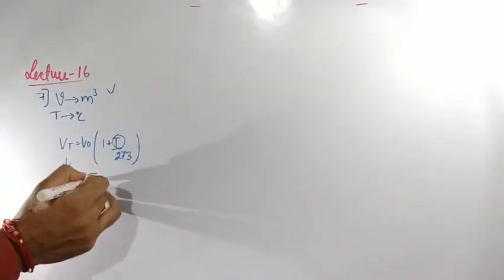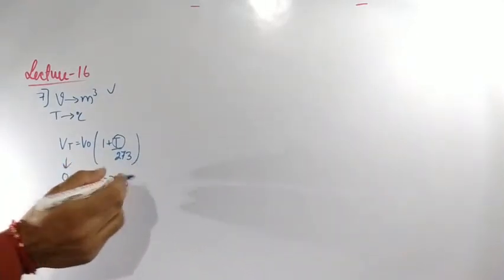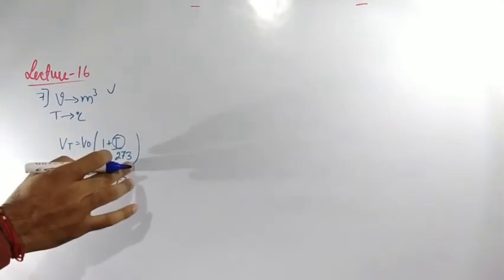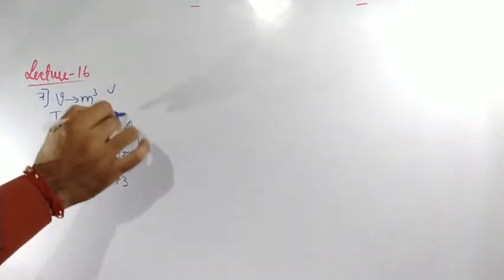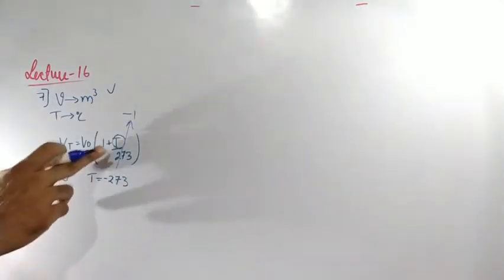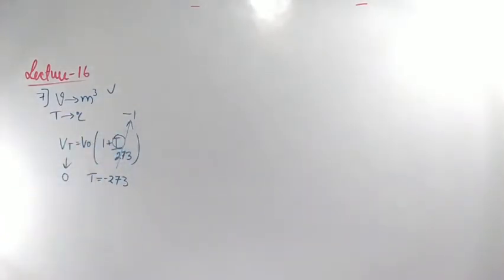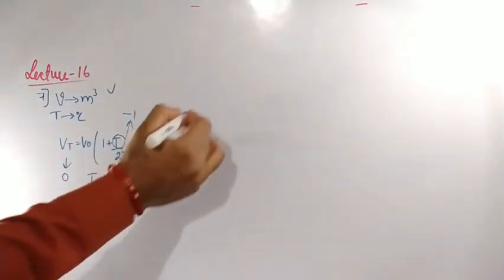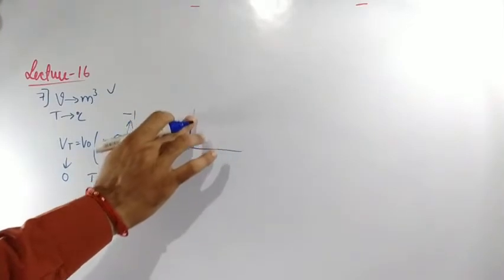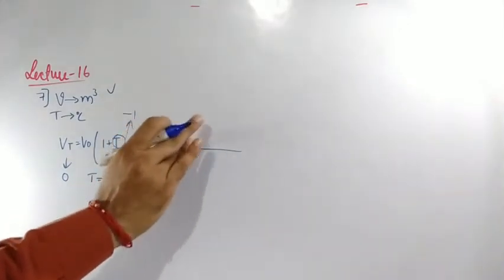If T is minus 273, then minus 273 by 273 turns out to be minus 1. 1 minus 1 is 0, 0 into V naught is 0. That's why we are going to get our graph in this manner.